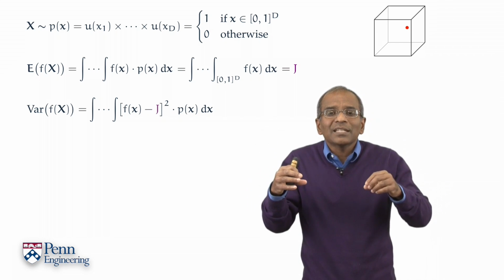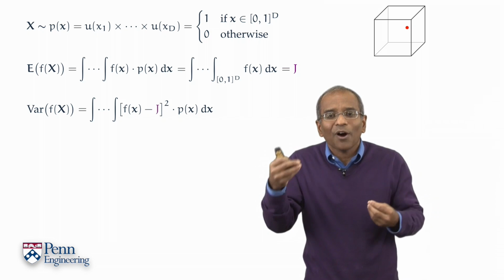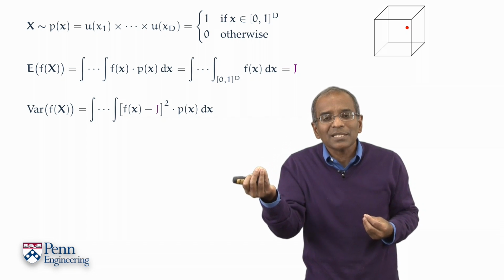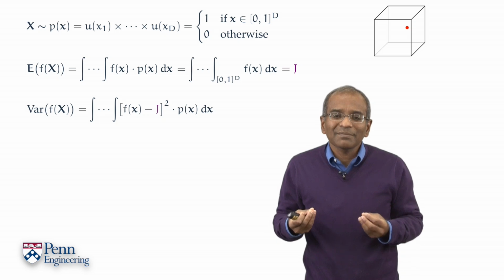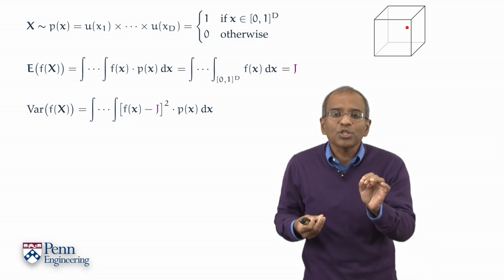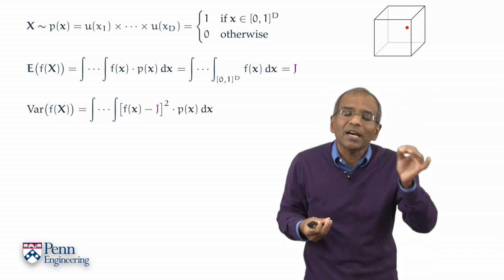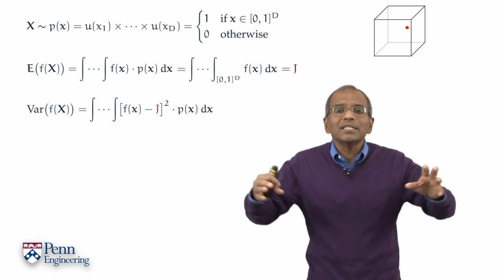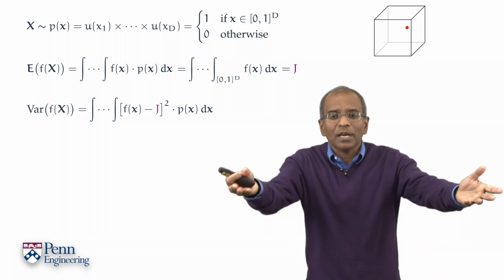And so we're looking at the squared deviation of f at a given point x from J. We'll weight it in accordance to the mass that x puts near that point, integrate over all possibilities, and now we've got a variance.